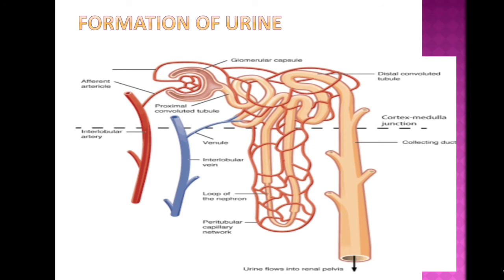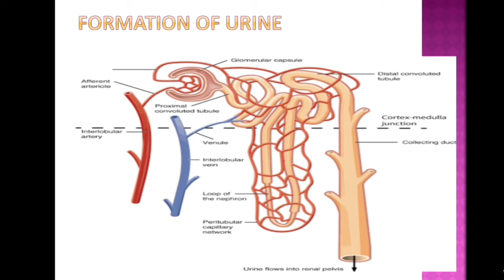Some substances in the initial filtrate, such as glucose, amino acids, salt and a major amount of water, are selectively reabsorbed as the urine flows along the tube, and this depends on how much excess water there is in the body and on how much dissolved waste there is to be excreted.